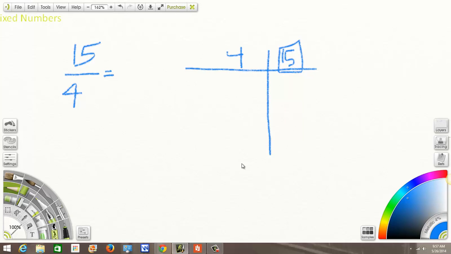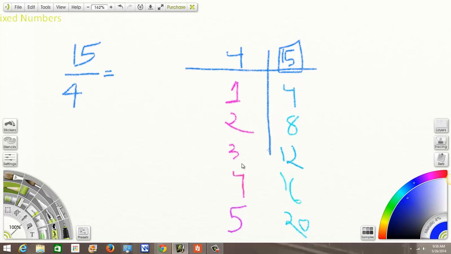Well, let's take a look. 4 times 1 is equal to 4. 4 times 2 is equal to 8. 4 times 3 is equal to, I'm just kidding, 12. 4 times 4 is equal to 16. 4 times 5 is equal to 20.